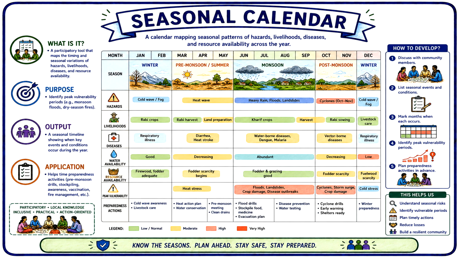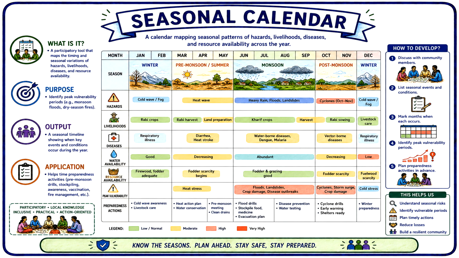Next is seasonal calendar. Seasonal calendar is a participatory tool that illustrates seasonal variations in hazards, livelihoods, weather patterns, diseases, resource availability, and community activities throughout the year.